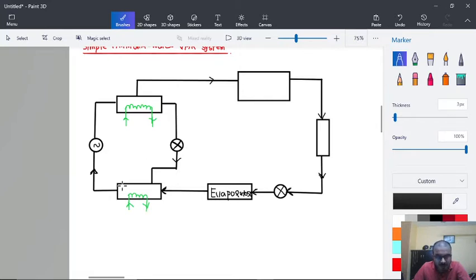Then we have this as absorber. Then we have pump.